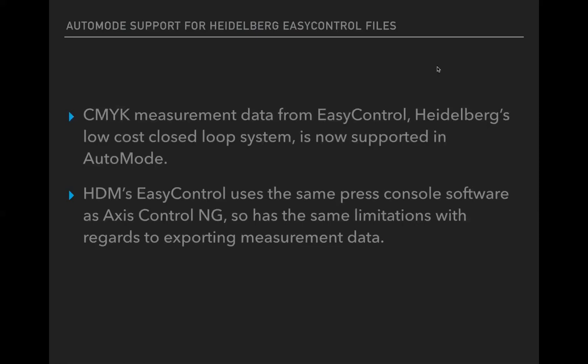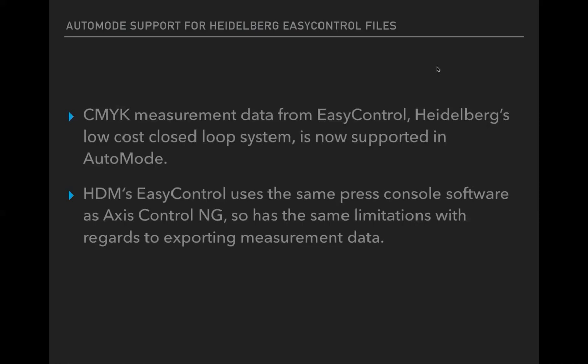However, the files, and we've only come across this recently, included a device name which wasn't recognized by pressSIGN. So that has now been updated, and pressSIGN supports those files in auto mode, and everything's fine.